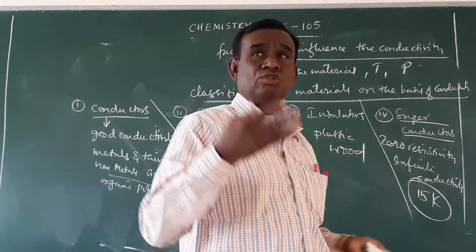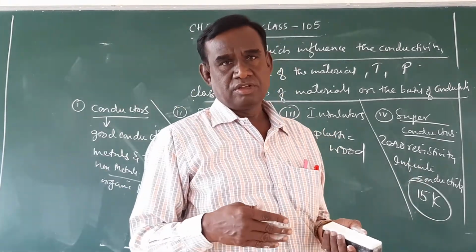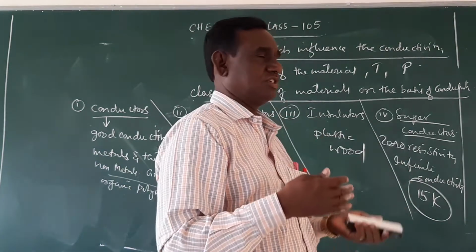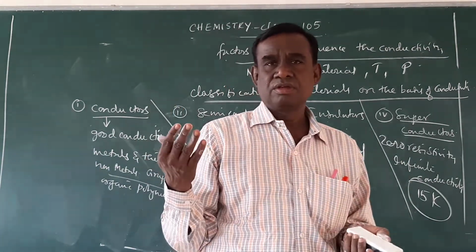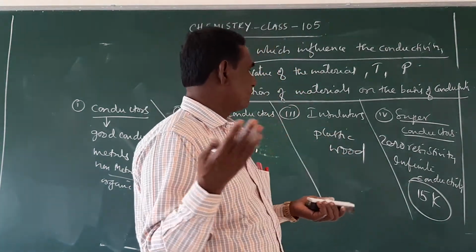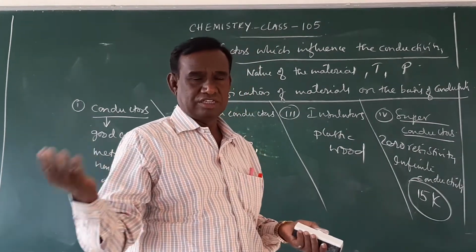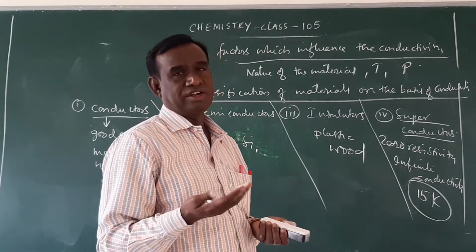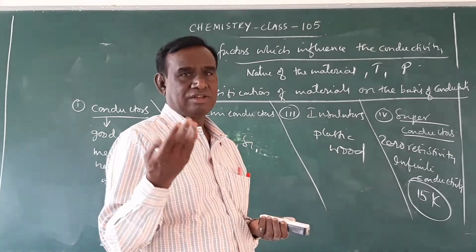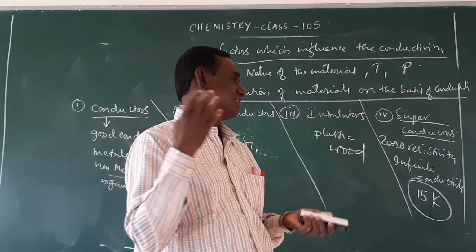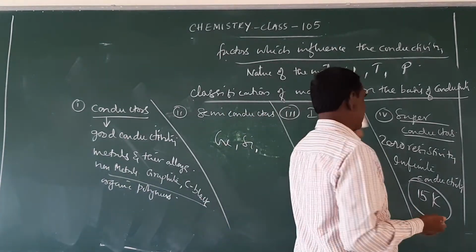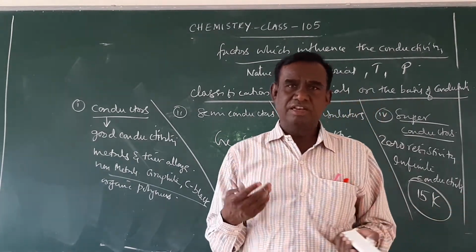Normal temperature is about 25 degrees Celsius, that is 298 Kelvin, so it is only 15 Kelvin. Therefore, it is not possible to use superconductors in our daily life.